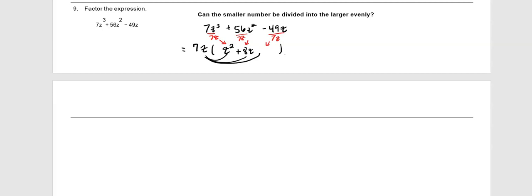And 7z times a negative 7 will give us the negative 49z. The division also gives us those same three terms. And we have our final answer.